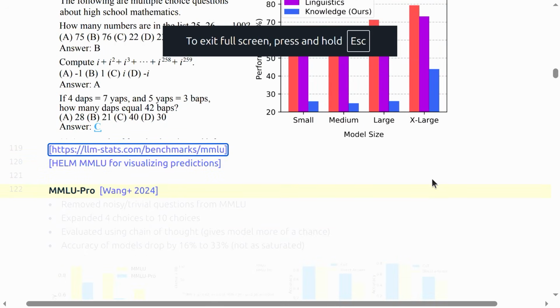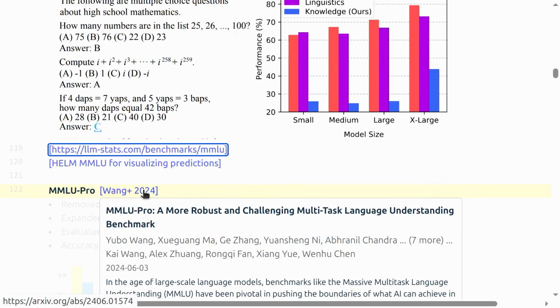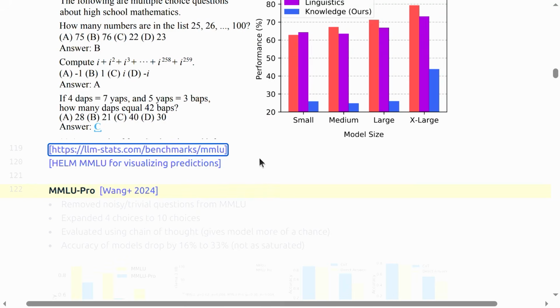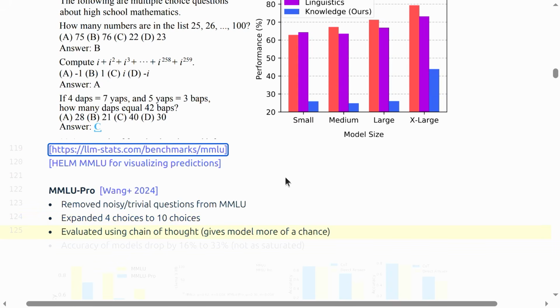Okay, so around 2024, when it seemed like there was a lot of progress made on MMLU, it was like, okay, you're going to see this theme again: this benchmark is getting too easy, so let's try to make it harder. First of all, they noticed that there were some noisy and trivial problems, so let's get rid of them. Four choices might be a little too easy, so let's expand that to 10. At that point, it was much more in vogue to use chain of thought to solve these benchmarks, whereas when GPT-3 came out, that wasn't really a thing.